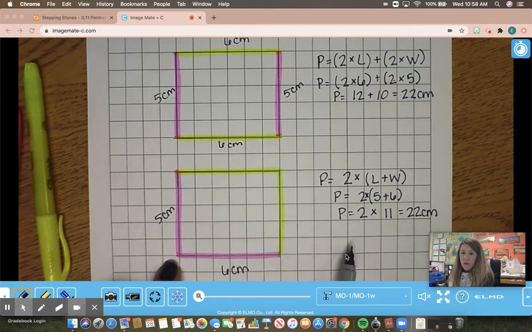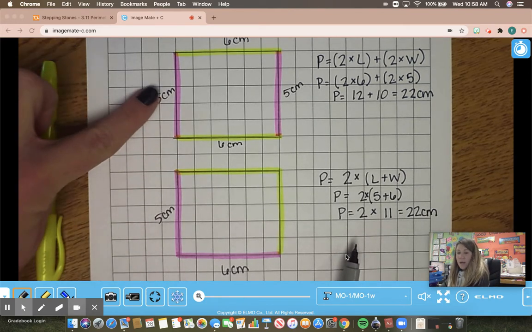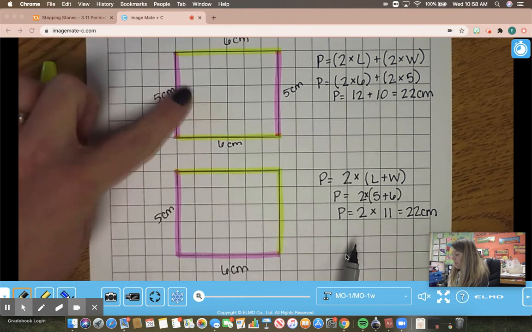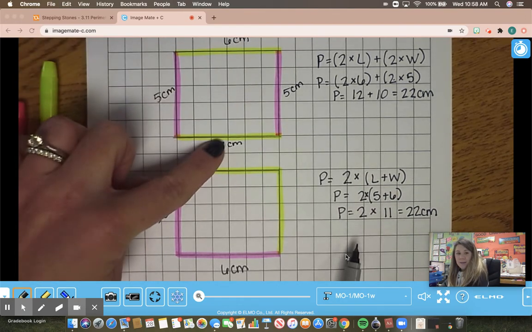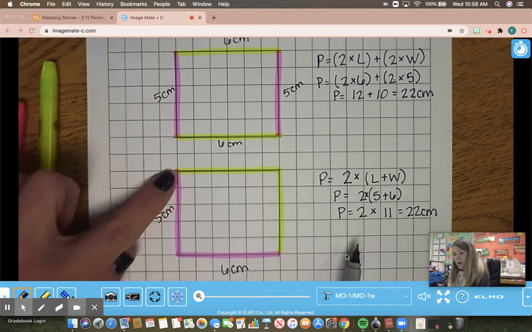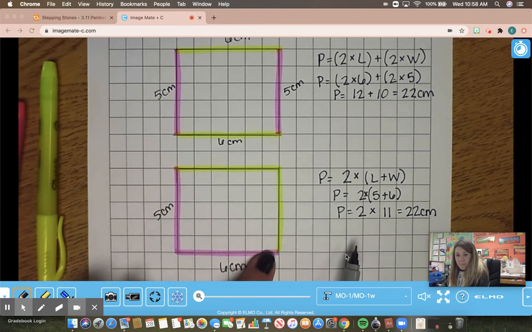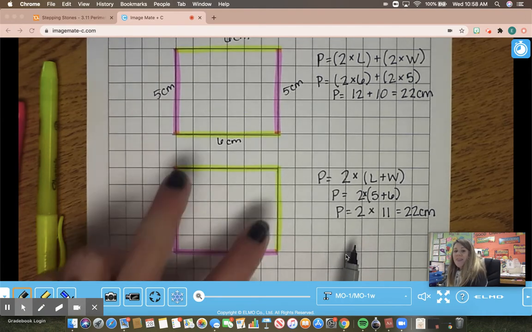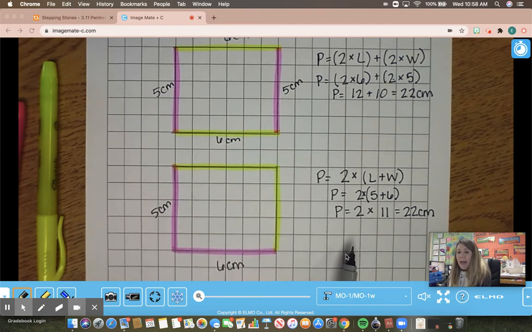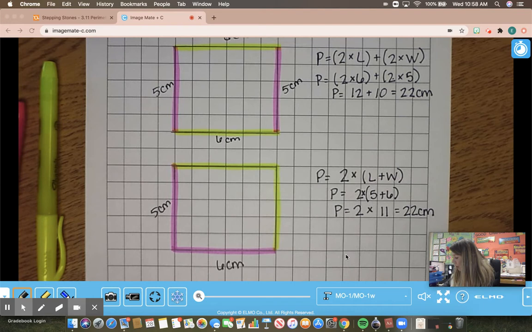centimeters. So in this case, we did twice the width and twice the length and added them together. Here we can do the length plus the width and then multiply that by 2. I have it color-coded here to help you.